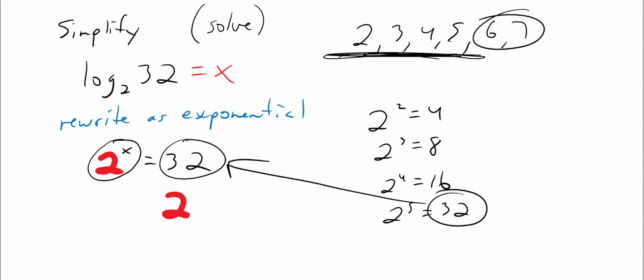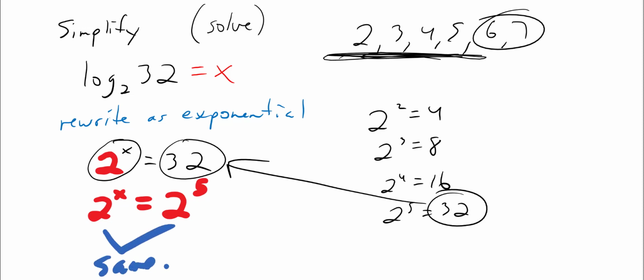So I want you to write 2 to the 5th power here, and that's 2 to the x. These values need to be the same, because if they're the same, I don't even have to worry about them anymore. Literally, you're setting this equal to this. So your answer is x equals 5.